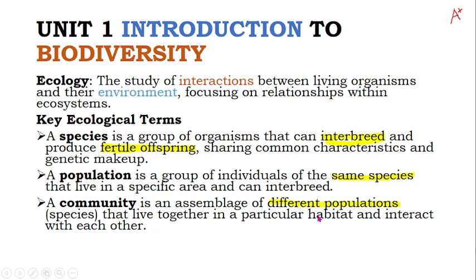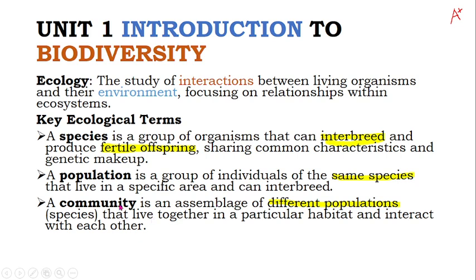In a coming slide, I'm going to teach you what is habitat, but for now, habitat is a place where organisms are living. So community simply is a group of individuals of different species that live in a specific area.